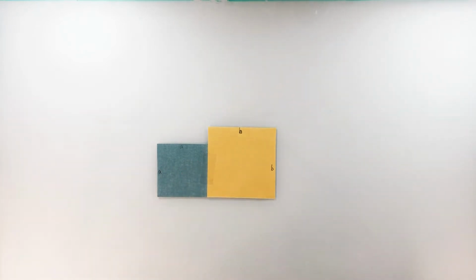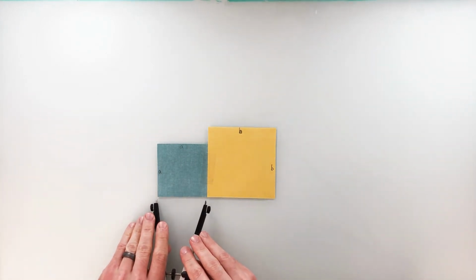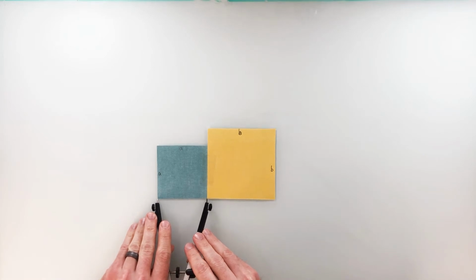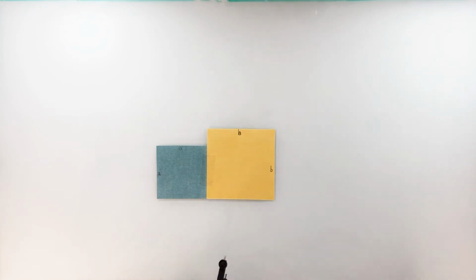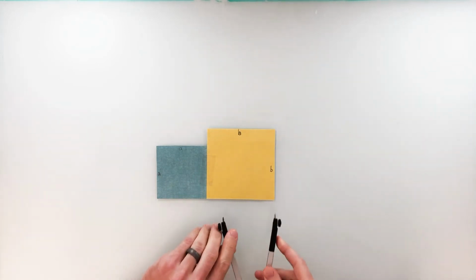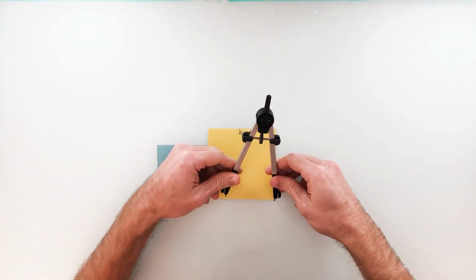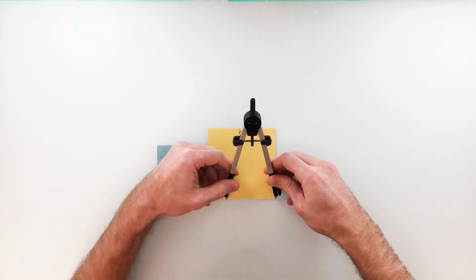Okay? So the next step, what we're going to do is take this length A. I'm going to use my compass here to make sure I've got the right length. So I've got this length A, and I'm going to translate it over here to the bottom of the yellow square, which is right about there.